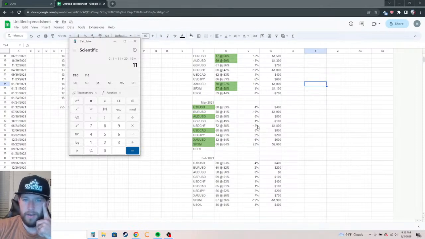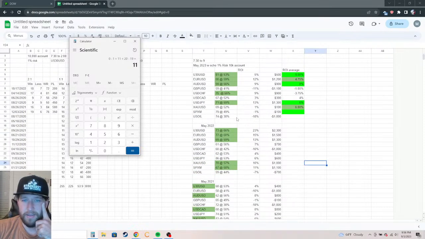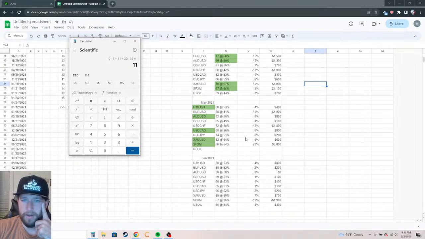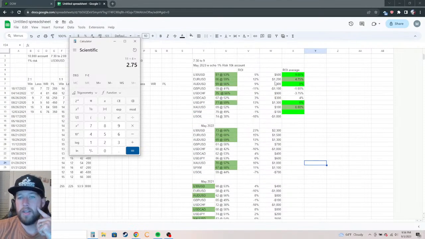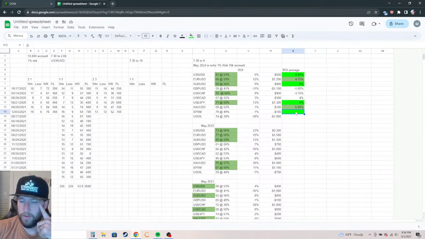I mean, minus 18. Oop, not wrong one, sorry. Minus 19. Minus 1. But then there was one positive 20. So, yeah, that's kind of scary. 2.75 is its average return for the 4 months I tested.